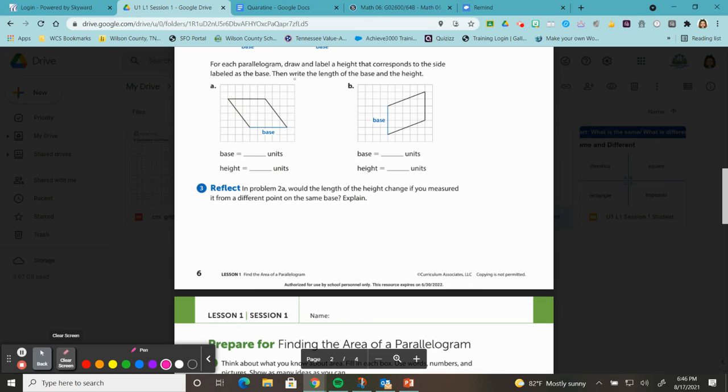So the answer here is no, it does not change your height. Your height is going to stay the same as long as you start at the base and go to the opposite side. It doesn't matter if you measure the height there or here, but you just have to make sure you go all the way to the opposite side.